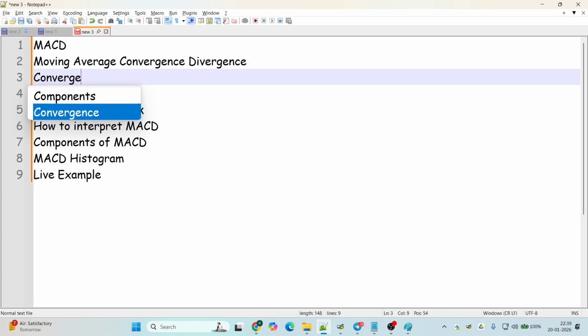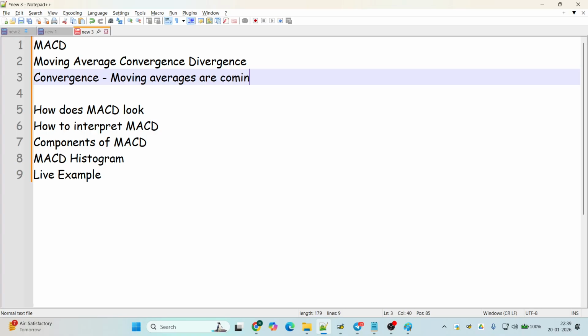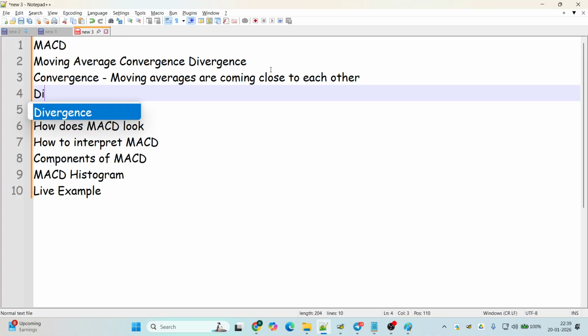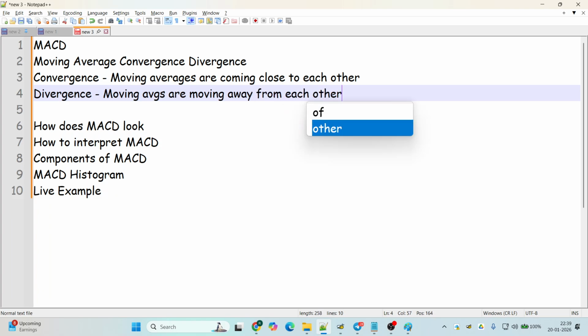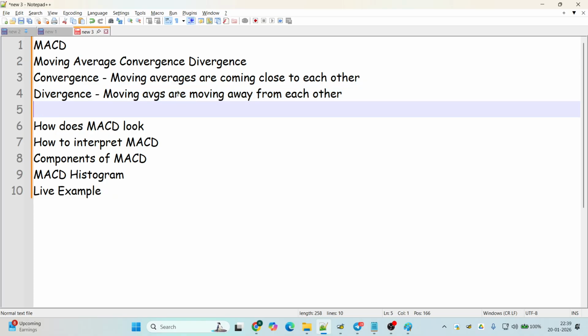Now, what is convergence? It simply means that the moving averages are coming close to each other, and divergence is the exact opposite. Moving averages are moving away from each other. So that is the simple meaning: moving average, convergence, and divergence.